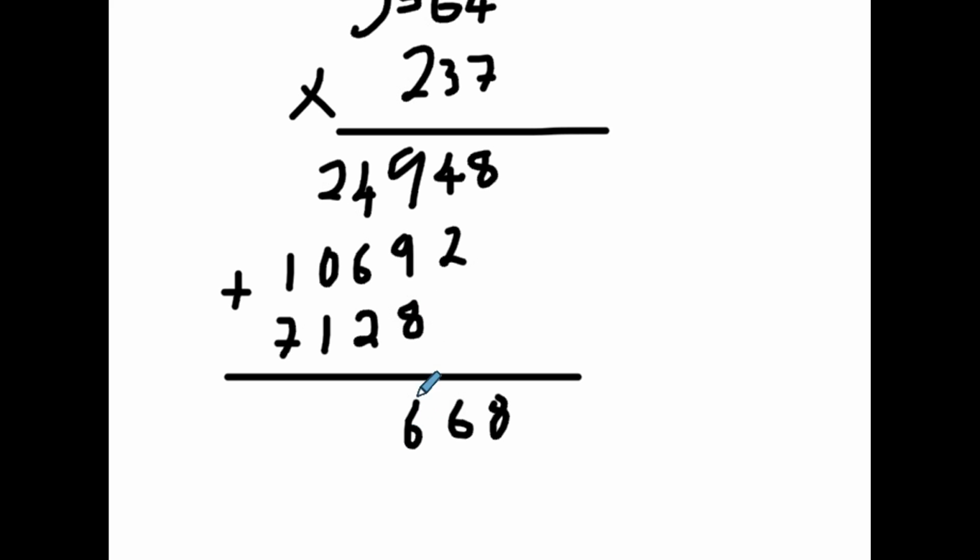I'll carry 2. 4 plus 6, 10. 12 plus 2, 14. I'll carry 1. 2 plus 1 plus 0 is 3 plus 1, 4. 1 plus 7 is 8. Now I'm going to count the decimal places.